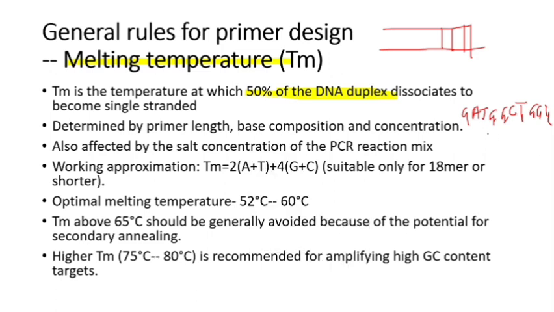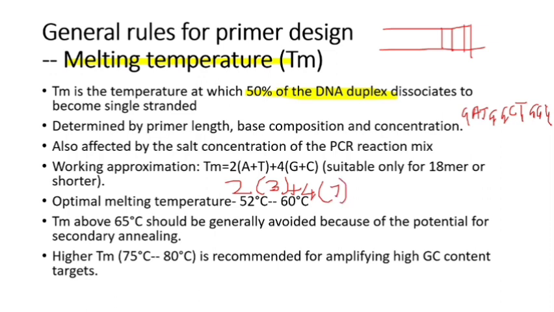Tm equals 2 into the number of A plus T, 1, 2, 3, plus 4 into the number of G plus C, 1, 2, 3, 4, 5, 6, 7.